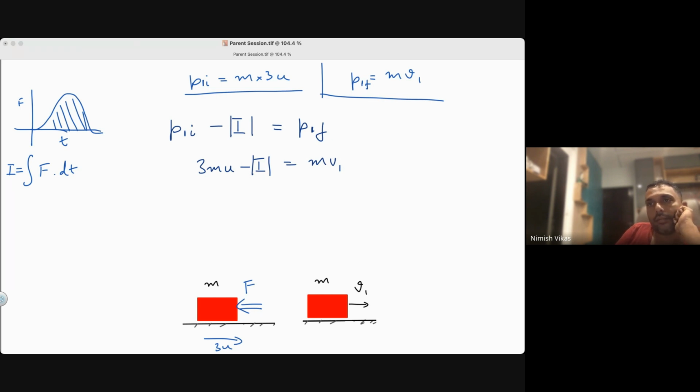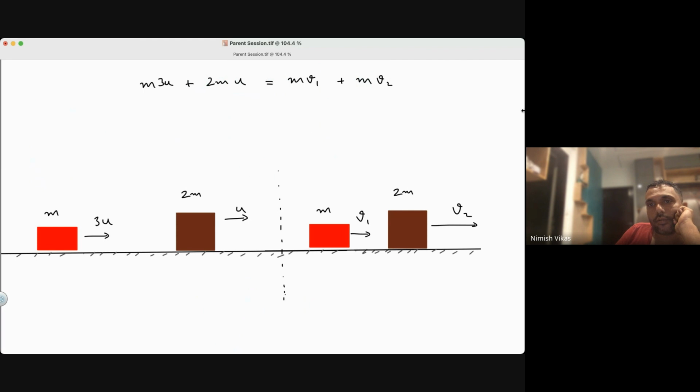Can you tell me the same kind of story for the other block? How will you write for the other block? The other block before collision was having 2m mass, with u velocity. After collision, the 2m mass is having v2 velocity.